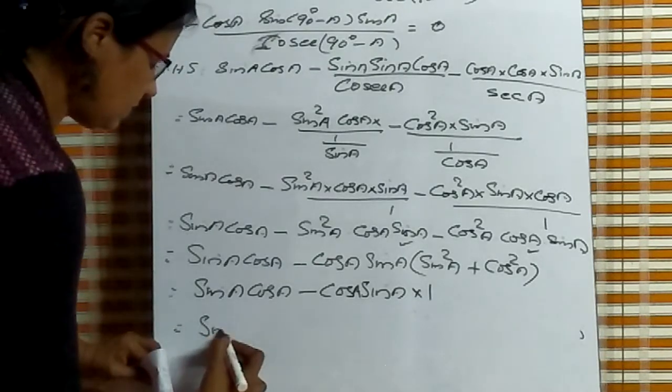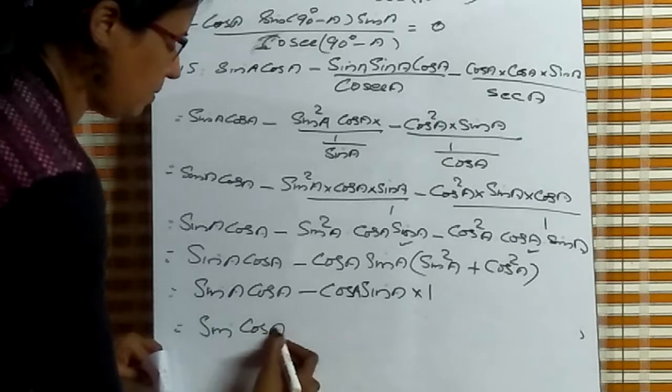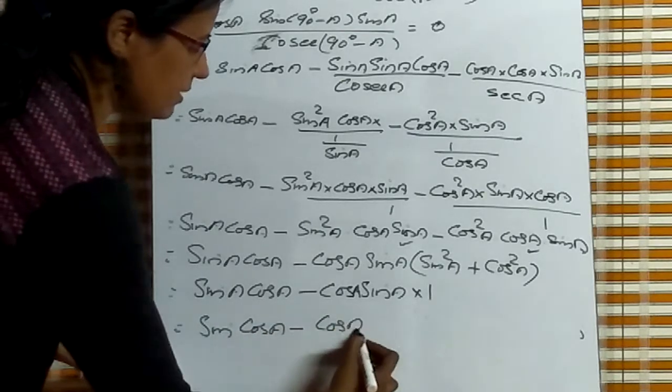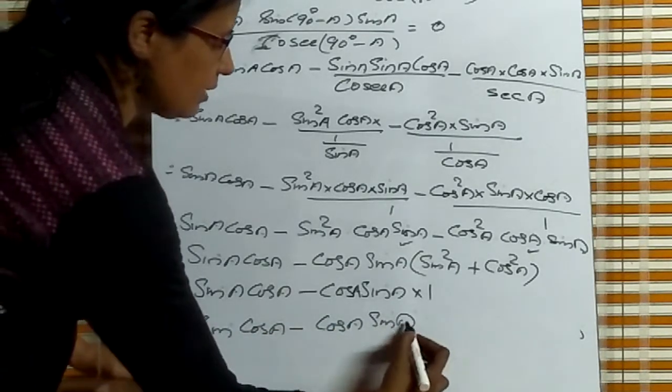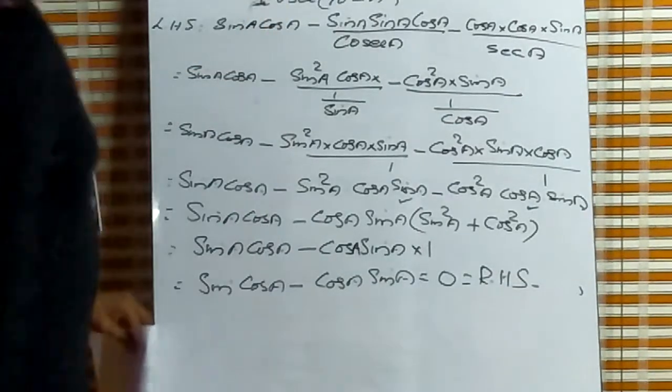So equals sin A cos A minus cos A sin A equals 0, which equals the RHS.